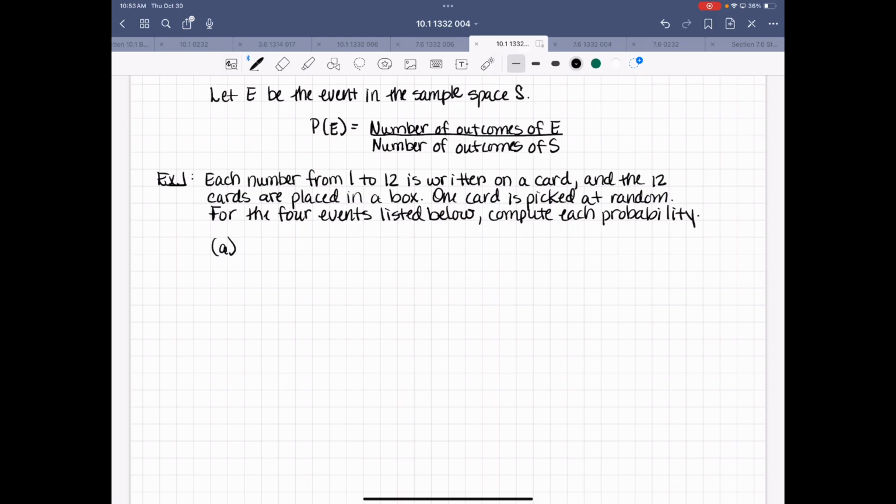A, a 7 is drawn. B, an odd number is drawn.